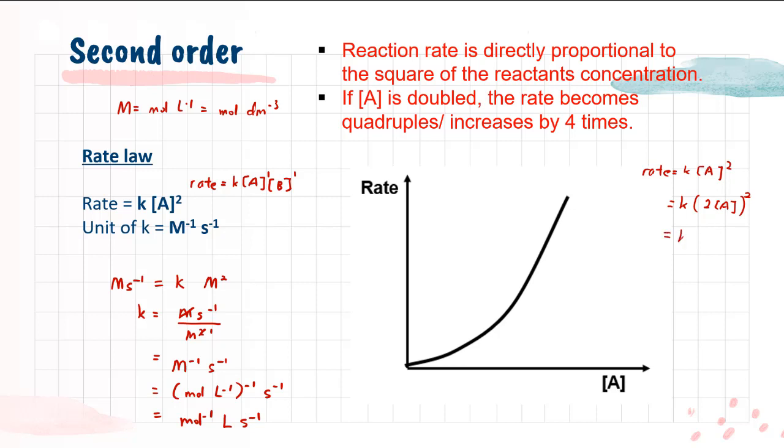Opening up the bracket, 2 squared becomes 4 times concentration A squared, so the rate increases by 4 times. Similarly, if I increase the concentration of A by 3 times, 3 squared gives you 9, so the rate of reaction increases by 9 times. And if I increase by 4 times, 4 squared gives you 16, so the rate increases by 16 times, and so on. This is for second order reactions.